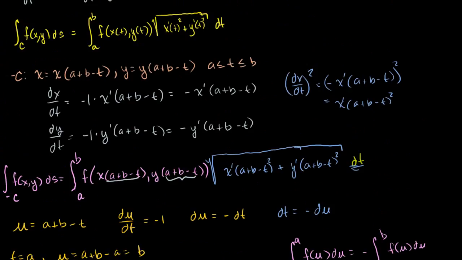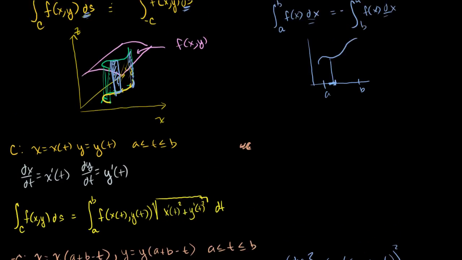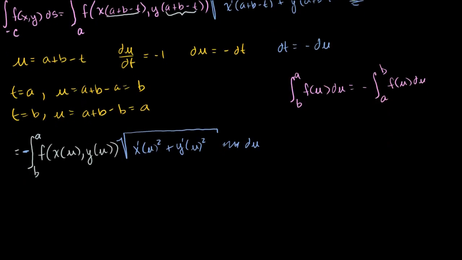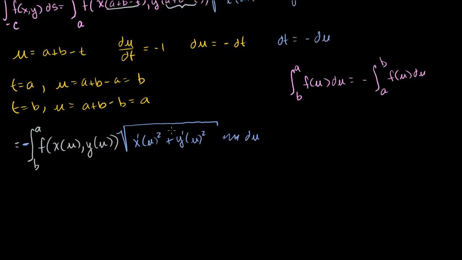We did that by the logic that I graphed up here: when you switch the order, your du's become the negatives of each other when you're finding the area under the curve.